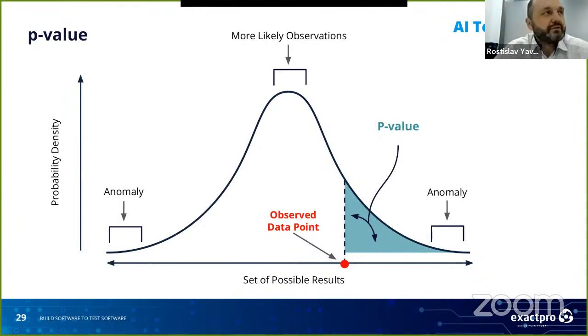Usually it's considered an anomaly if it's less than 5%. So with a 20% chance that you can observe something even farther from the more likely observation, you would say no, definitely it's not an anomaly. That's just the random nature of your data.